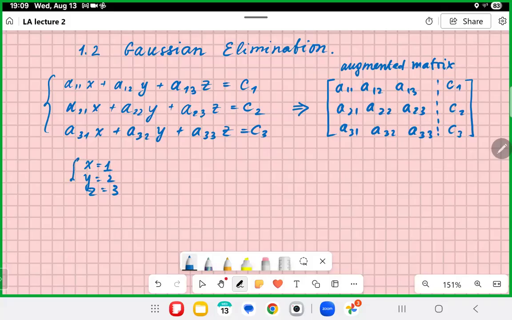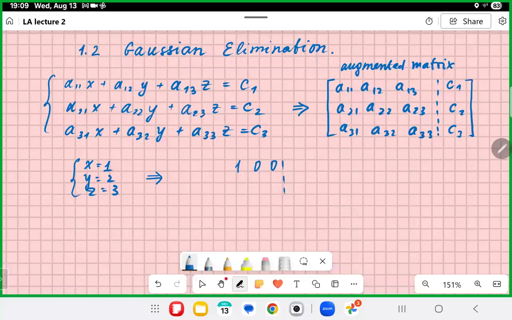But on the other hand, it's just like three equations, right? Equation number 1, equation number 2, equation number 3. If I convert it into an augmented matrix, how is it going to look? Well, the coefficient of x equals 1, and the coefficient of x is like a11, right? In the first equation, I'm going to put 1. There is no y and z in the first equation, so I'm going to put 0, 0.